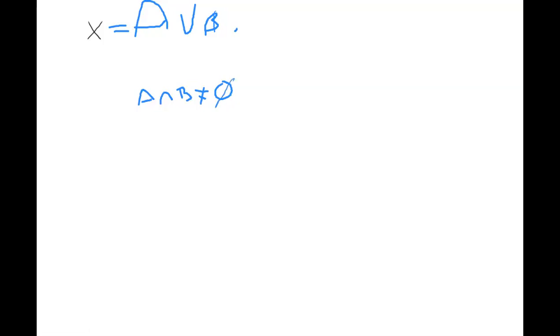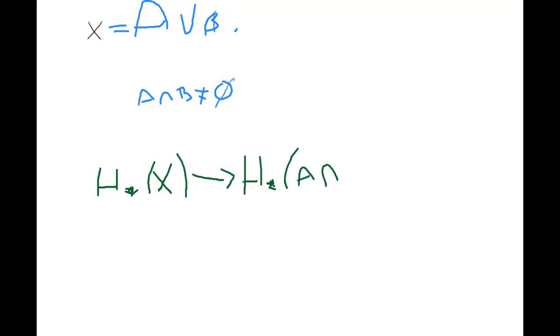Okay, and then we have the homology of X. Then the arrows should map to the other side.